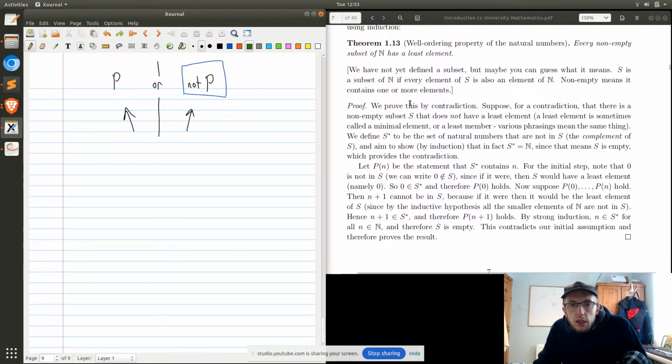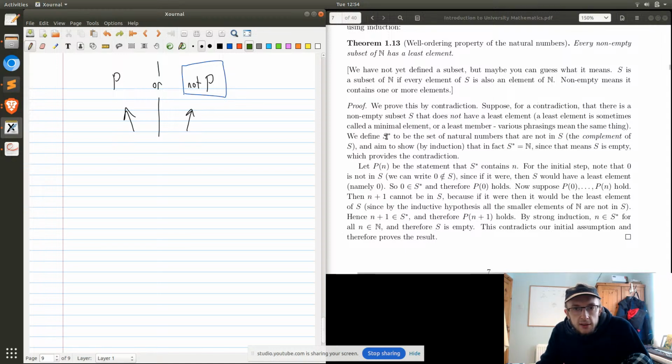Okay. So they're going to prove this claim, the well-ordering property of the natural numbers, by contradiction. Suppose for a contradiction that there is a non-empty subset S that does not have a least element. A least element is sometimes called a minimal element or a least member. Various phrasings mean the same thing.